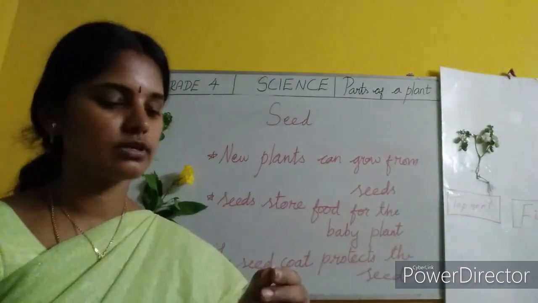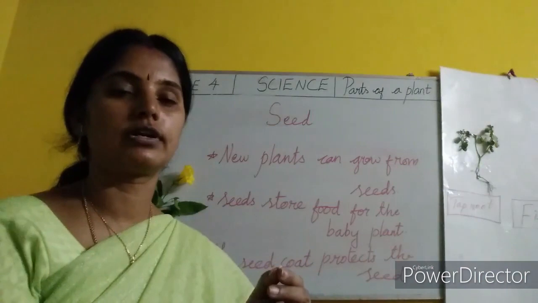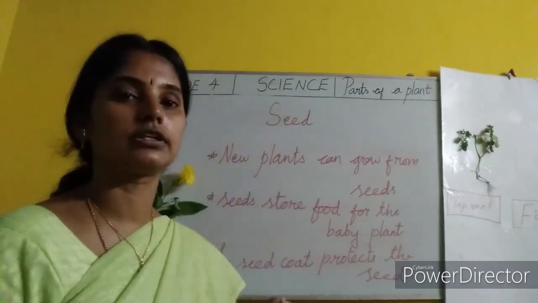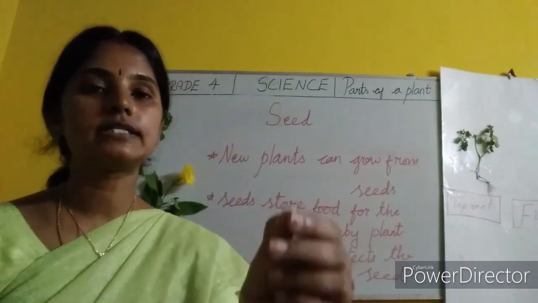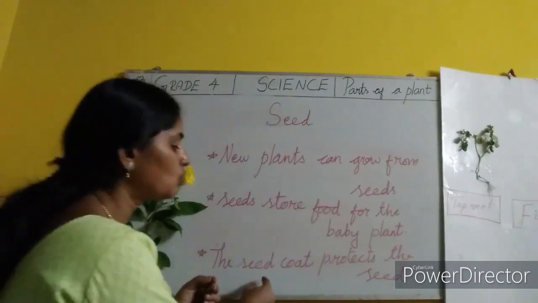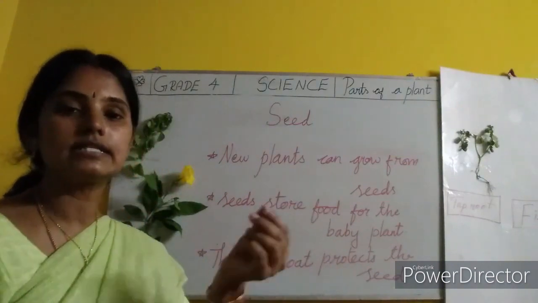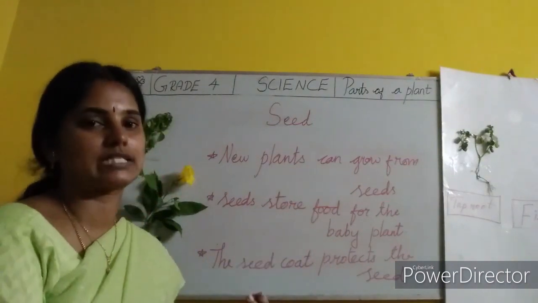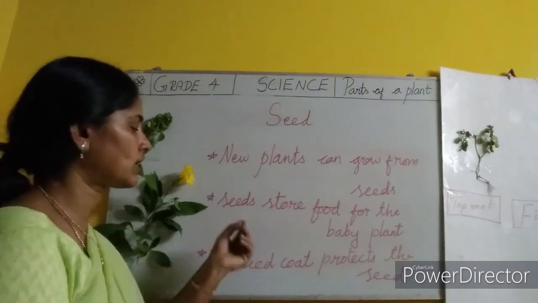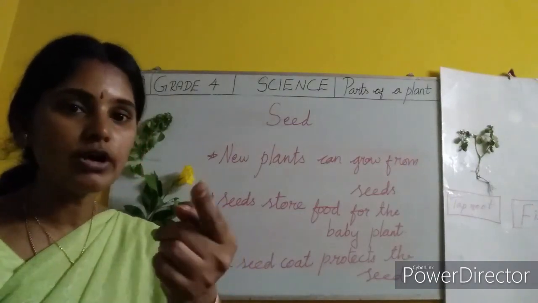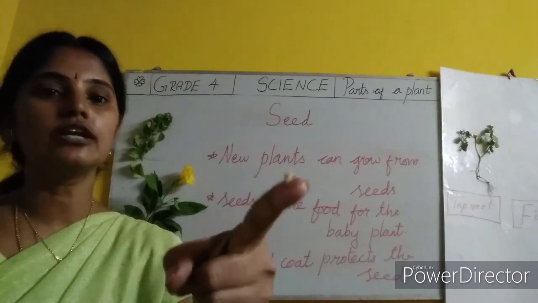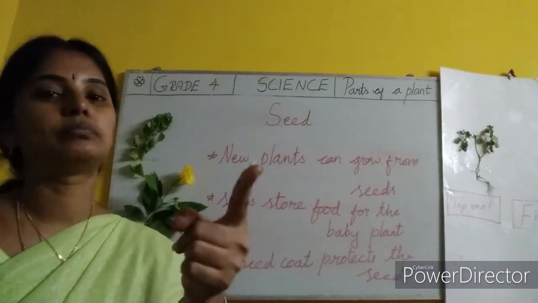There is a cover around the seed, and inside it is the food. Seed is covered by the seed coat. That is, the seed is protected by the seed coat. Okay, it protects. The food which is stored inside the seed grows into a new plant.